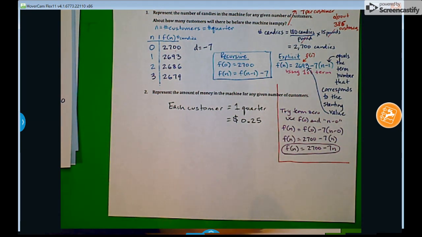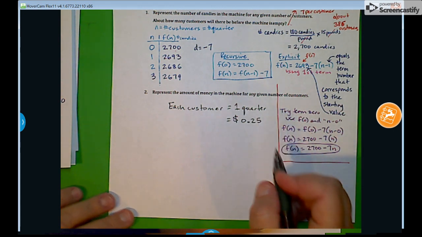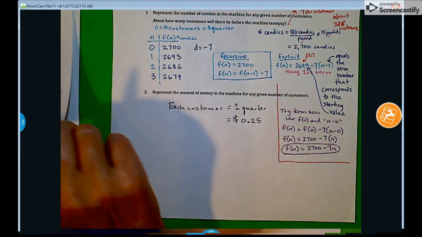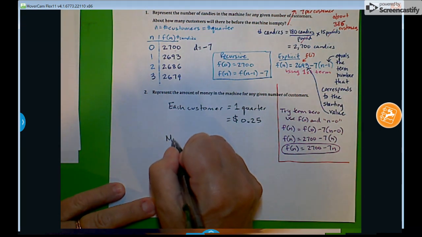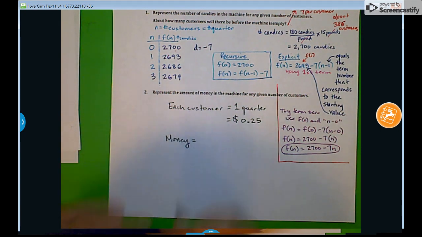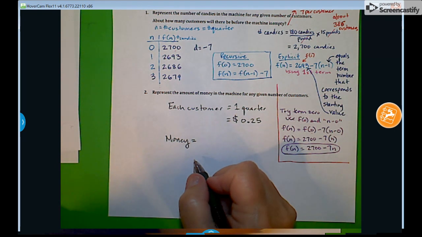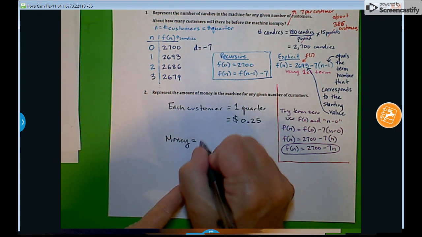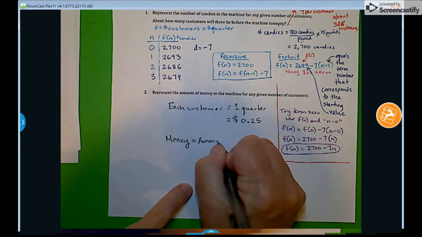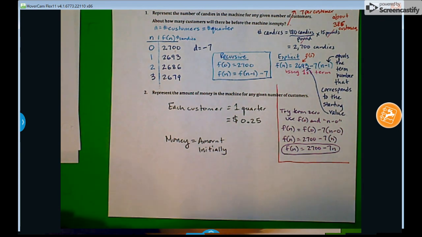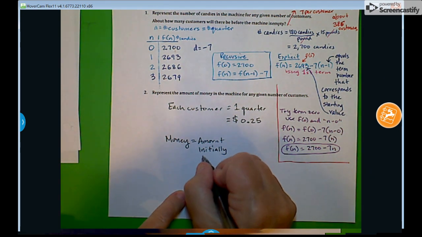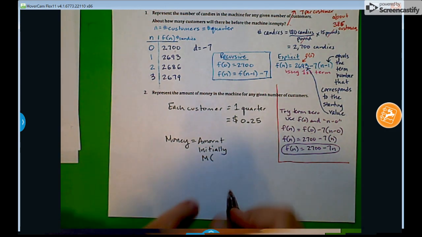So the amount of money in the machine for any given number of customers, let's have a new function for amount of money. The amount of money would be equal to the amount of money initially, the amount you start with. So let's use M for money.